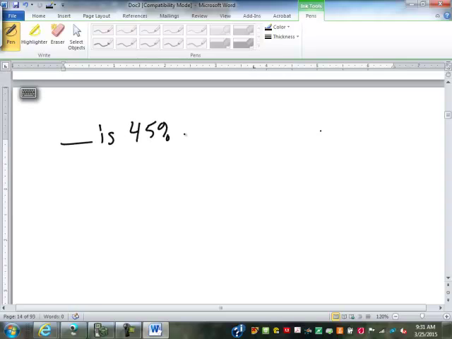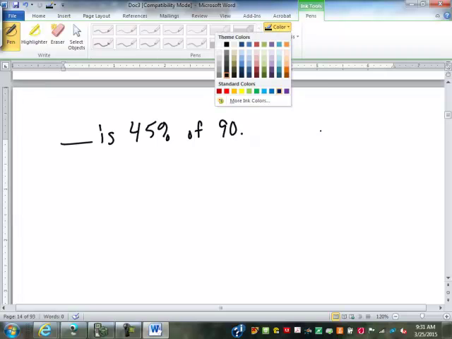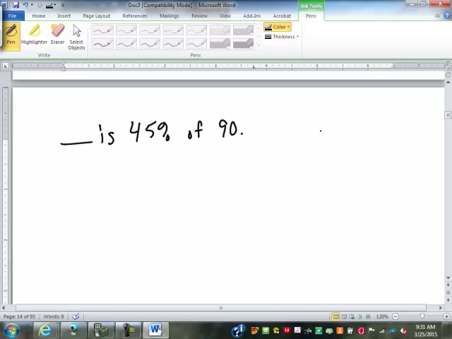So how about this one? Blank is 45% of 90. Well, again, I start with the percent. 45% is 45 out of 100. Where does the 90 go? By the 100.